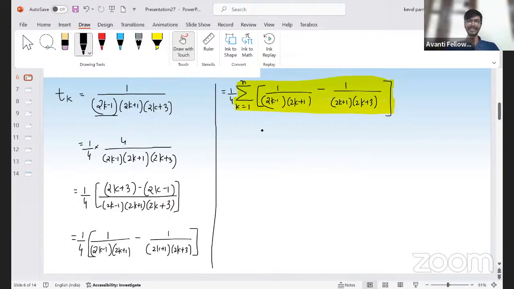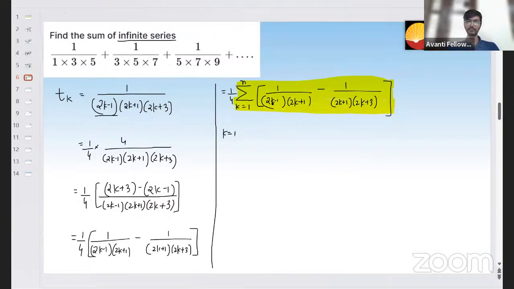So if I put k equals to 1, I'll get 1 upon 1 into 3 minus 1 upon 3 into 5. Now we have to add it, remember. Then I'll put k equals to 2. I get 1 upon 3 into 5, minus 1 upon 5 into 7.